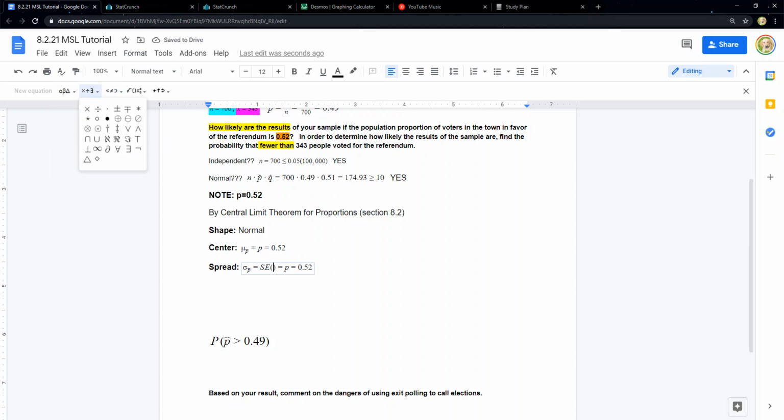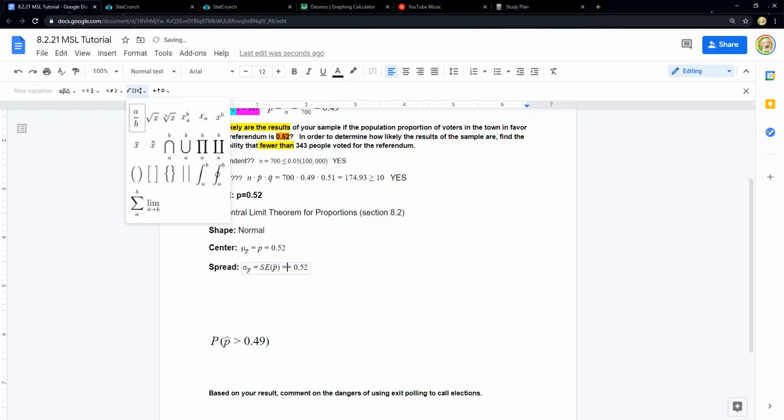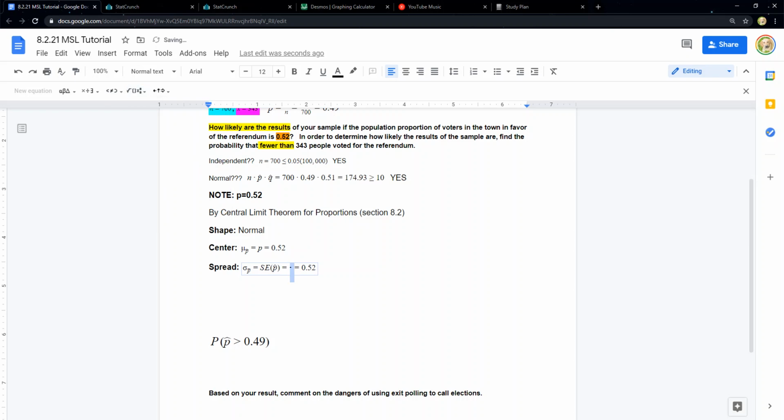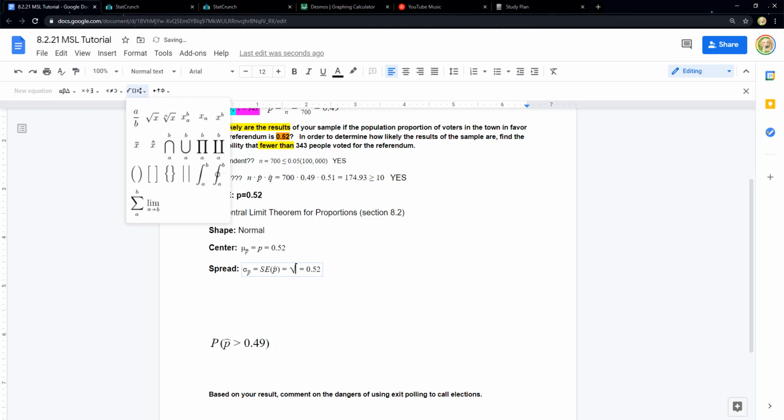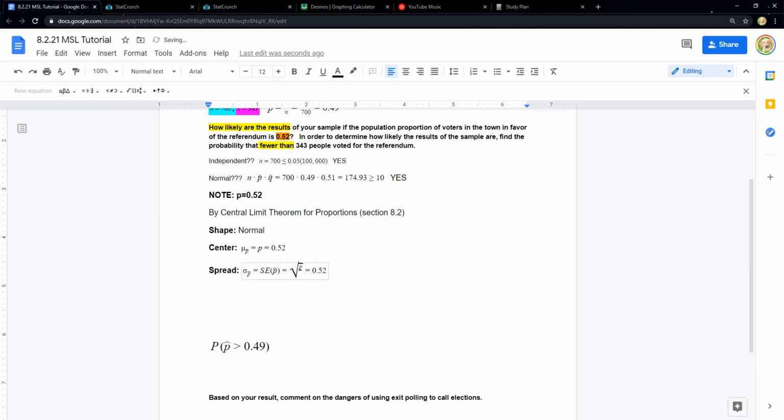That's kind of the more modern notation for that. Now the formula for it is involved. It's a big square root with a fraction around it. So the square root of p times q divided by n.